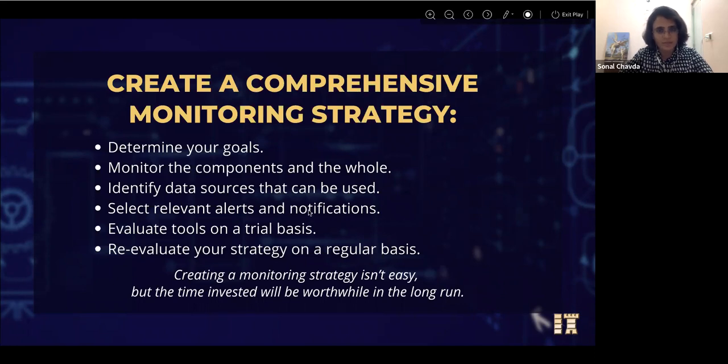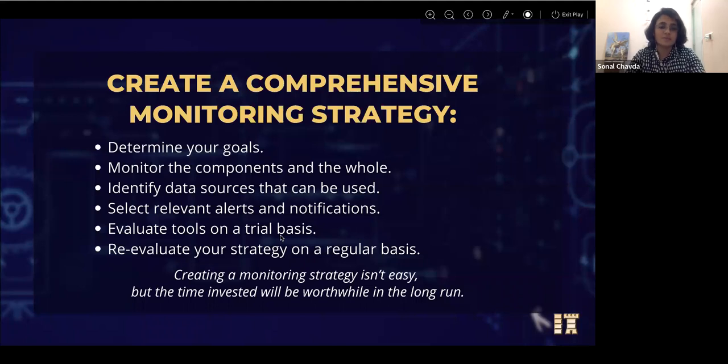Then, at a later point, we'll come to one of the important points in monitoring, which is alerts and notifications. After deciding thresholds for various services, the alerts will be sent to whom, and who is going to respond, because monitoring is useful only when the alerts are responded to in time.